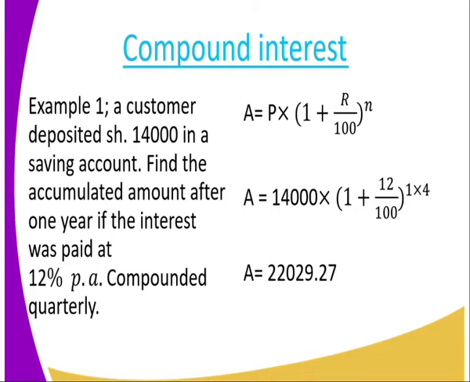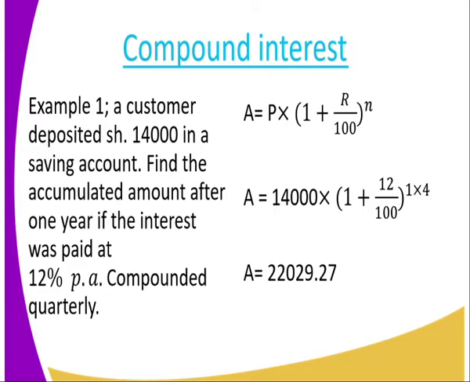The first example you are going to calculate. A customer deposited 14,000 in a savings account. Find the accumulated amount after 1 year if the interest was paid at 12% per annum, compounded quarterly. So the amount A is equal to the principal times 1 plus r divided by 100 raised to power n.